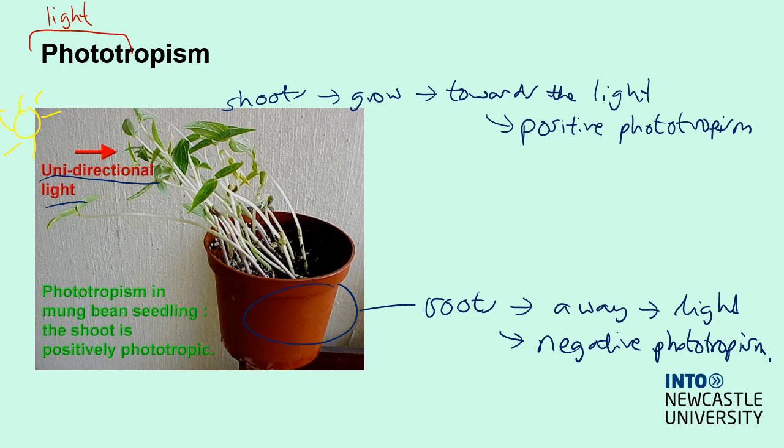So it's a growth response to light. Now this growth response is due to a hormone called auxin, which was first described by Charles Darwin, and we'll talk a little bit more about auxin, which is a hormone in plants, in our plant hormone mini lecture. So watch out for that soon.